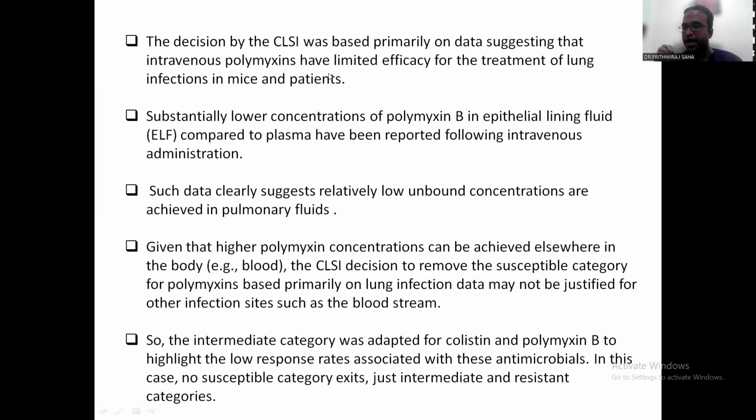What I mean to say is that polymyxin B and polymyxin E, which is another name for colistin, achieve a very low concentration in the alveolar epithelium after being administered into the systemic circulation, right? I again repeat that polymyxin B and polymyxin E achieve a very low concentration in the alveolar epithelium after IV administration.